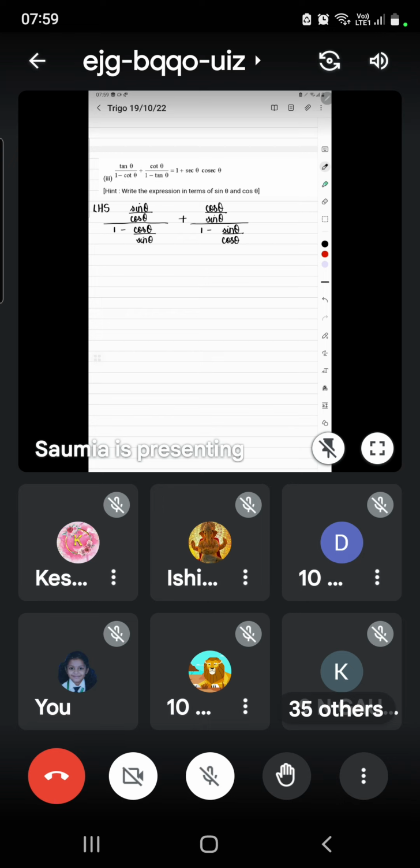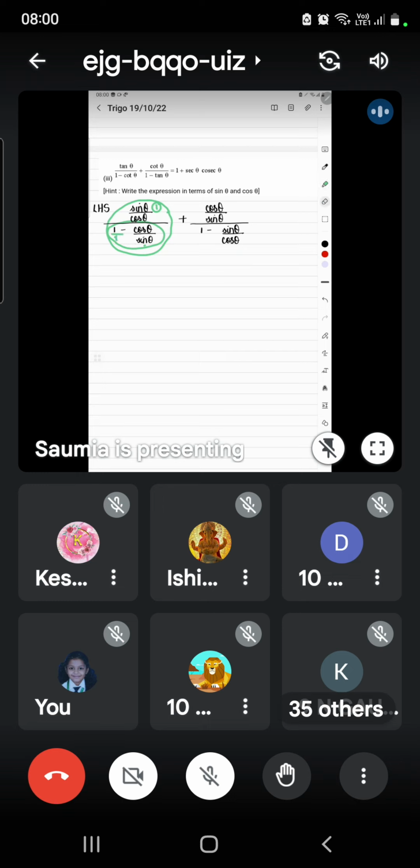Okay. Now let's handle one part of the expression at a time. Now look at this. What is this? I have one fraction and at the bottom I have a difference between two fractions. So first I have to sort this out. There are two fractions with different denominators, so first I have to make the denominators equal.